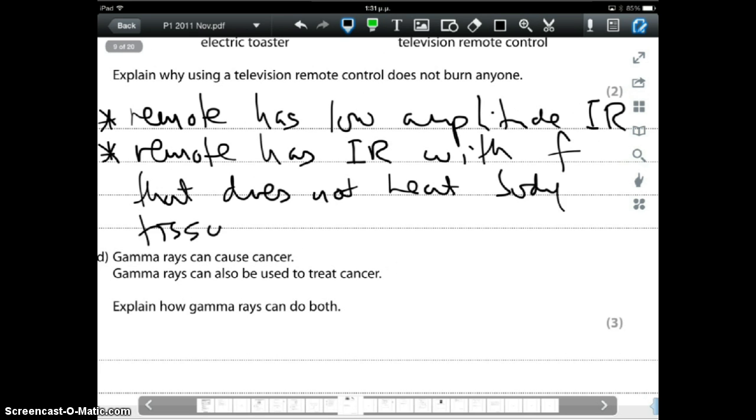Although I think the first point is probably the most important point, but there are 2 marks for the question.